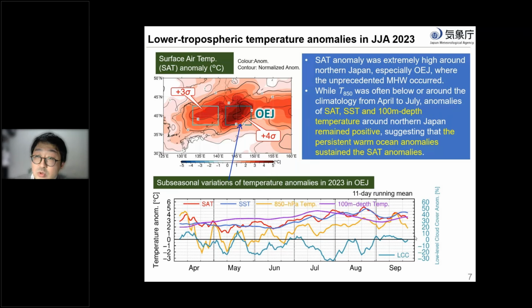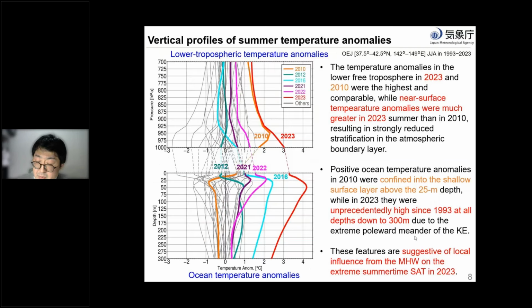And furthermore, the vertical profiles of summer mean temperature support this idea. The upper panel shows the lower tropospheric temperature from 1000 hectopascal to 700 hectopascal level. And the bottom panel is for subsurface ocean temperature from surface to 300-meter depth.